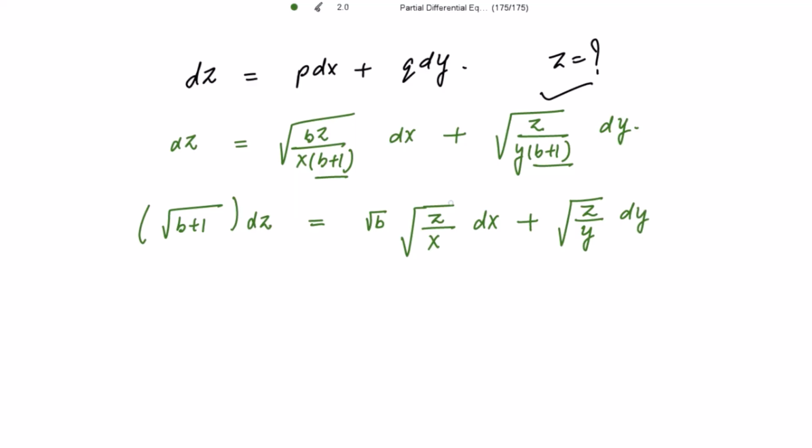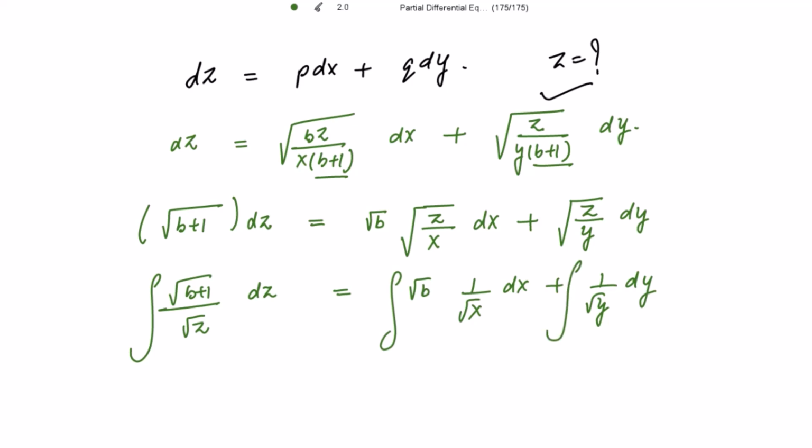And now taking the square root of z common from the numerator and taking that to the denominator of the left hand side, square root of b plus 1 dz divided by root z equals square root of b into 1 divided by root x dx plus 1 divided by root y dy. It is very easy to integrate now.